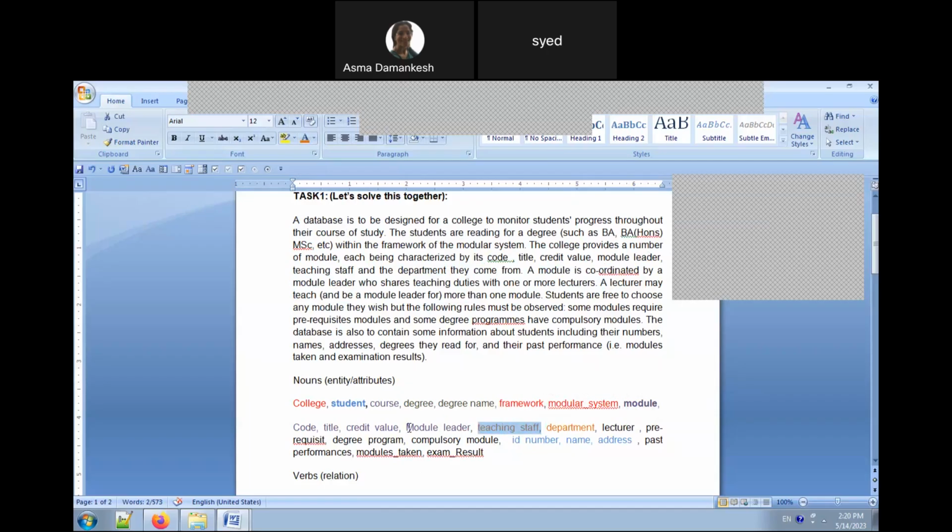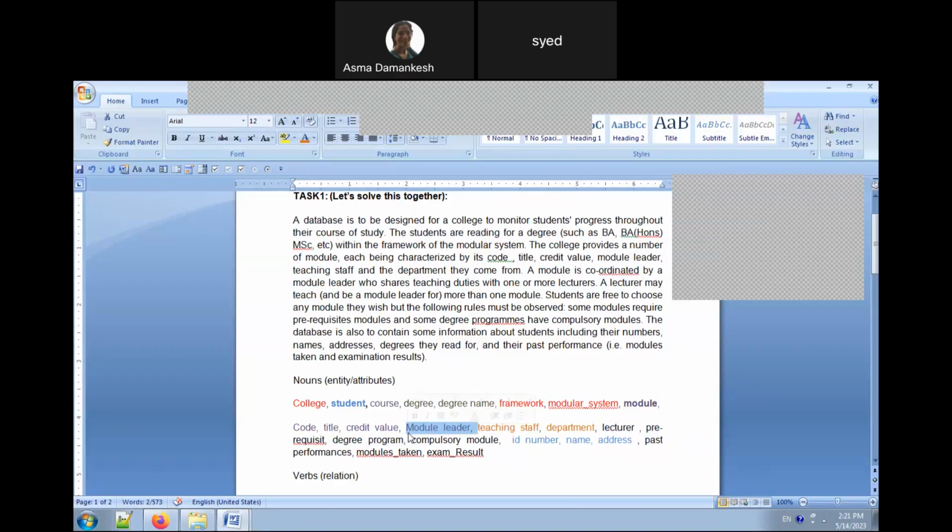Now, the second rule is if what I thought is an attribute is involved in a relation. What does it mean? It means it comes before or after a verb, okay? Then it cannot be an attribute, because an attribute cannot be in a relation.